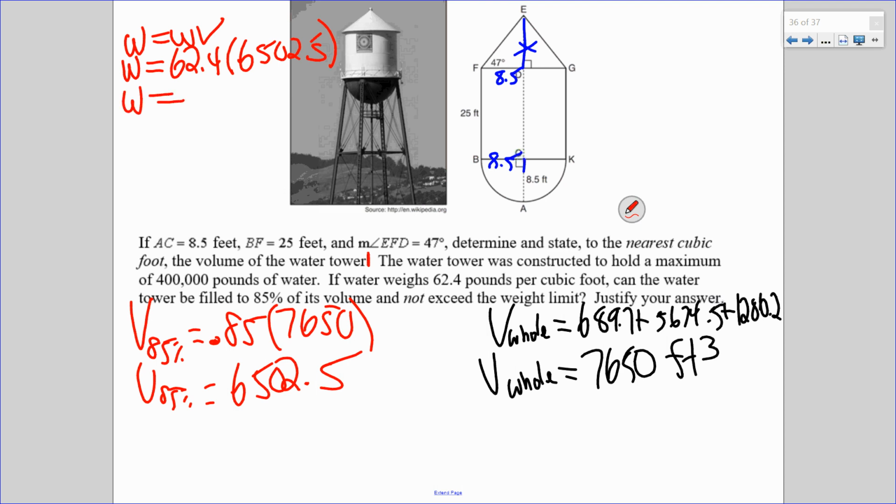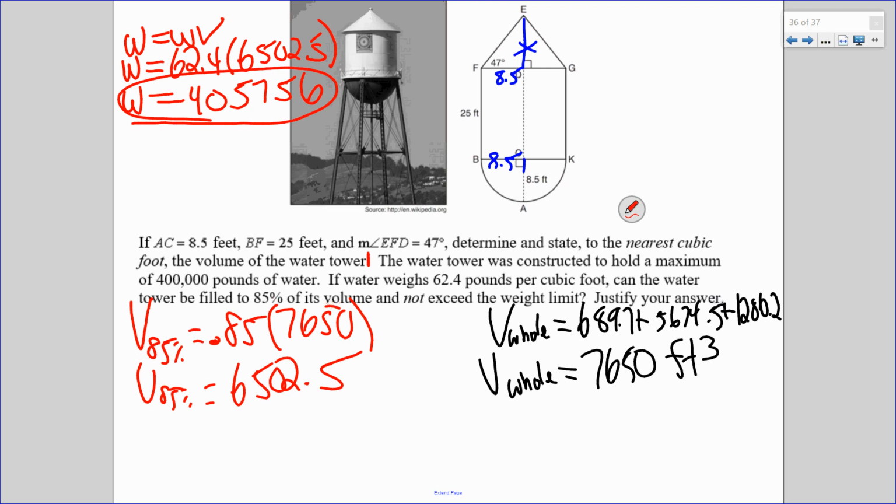So the weight of this thing is going to be, I'm just putting it in my calculator, 405,756. This is how much the water is going to weigh, not including the actual tank. The amount of water inside is going to weigh that much if it's 85% full.